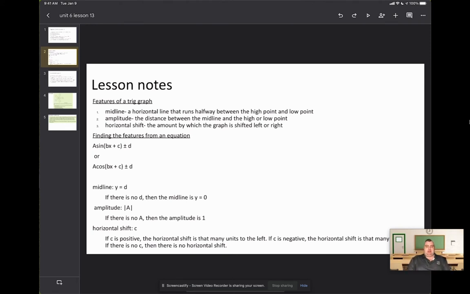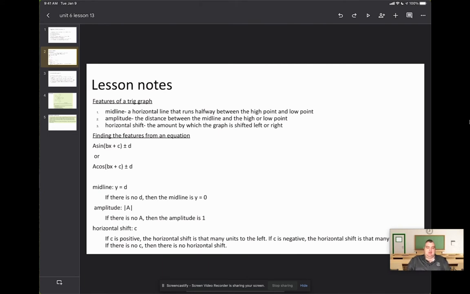So wave shapes have high points and they have low points. The midline is a horizontal line that runs halfway between the high point and the low point. So wherever those two points are, the midline is halfway between them.